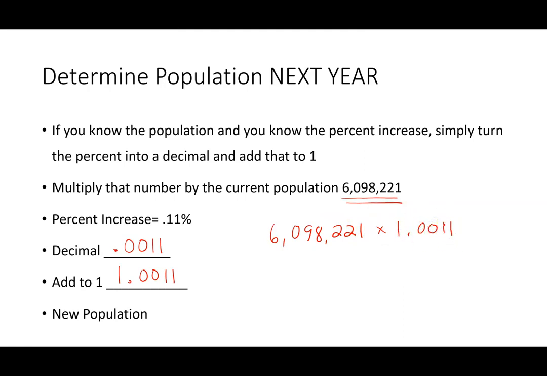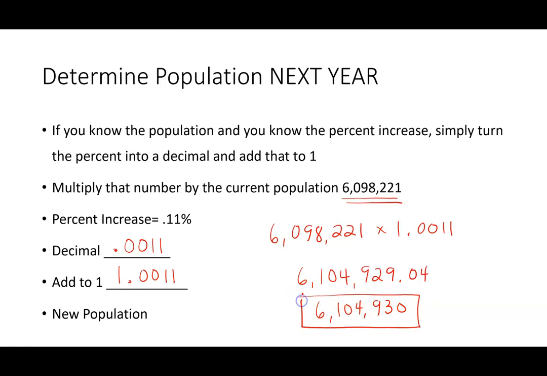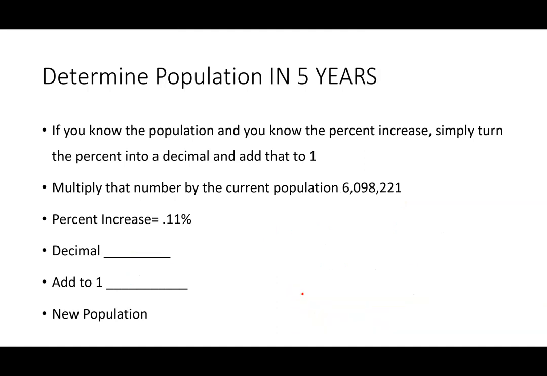And that is going to give me a new population of 6,104,929.04. Once again, round up, because we can't have 0.04 people. 930. So that is my new population.